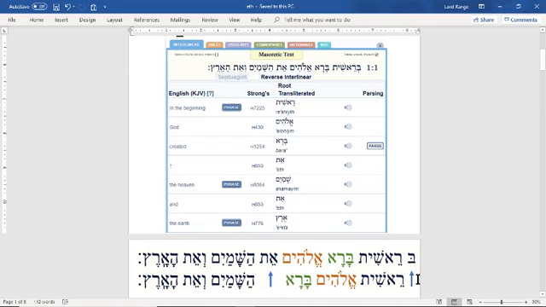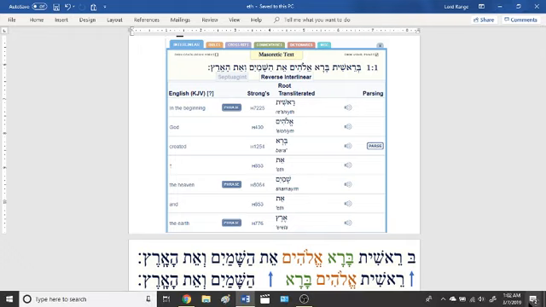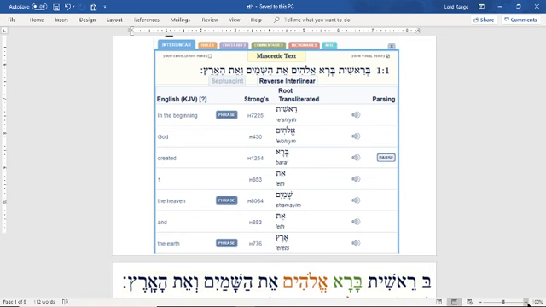And as you can notice, the Bet is missing from the King James Version translation. The Elohim and bara, which is Elohim and created, is switched. And then this Hebrew word or name, atah, is completely missing from the King James Version Bible.